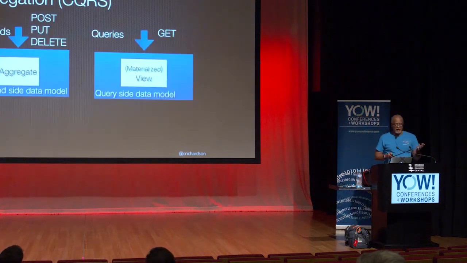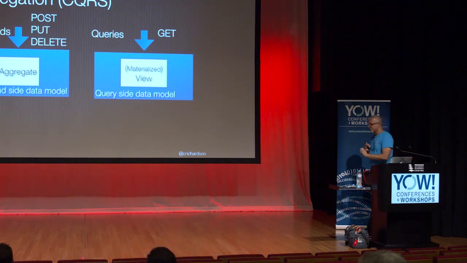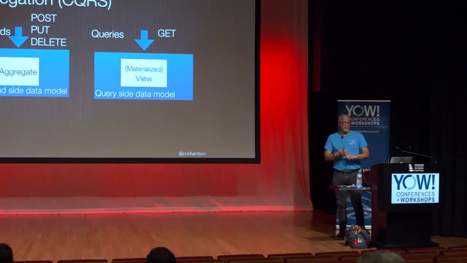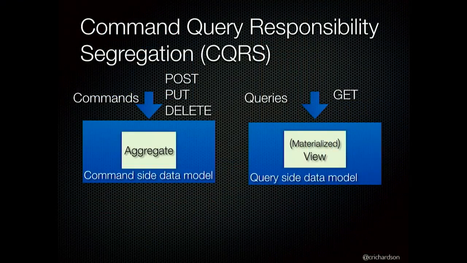So the origin of the name CQRS, or Command Query Responsibility Segregation, comes from the fact that in a traditional application you have commands which are mutating data, and you have queries that are retrieving data, and normally there is a single data model, a single schema, that's supporting both commands and queries. And with CQRS, the idea is that you're segregating them.